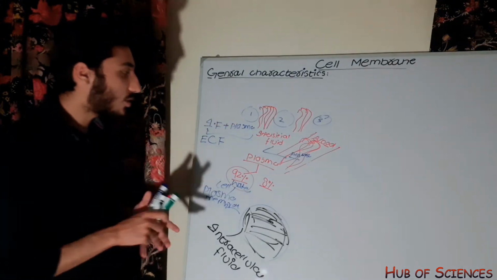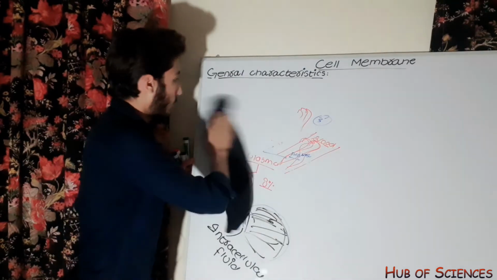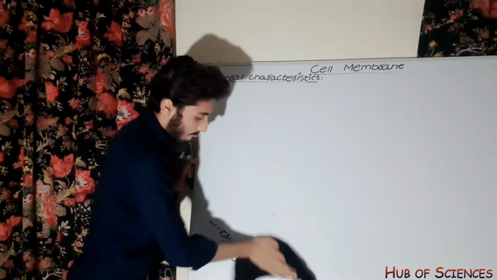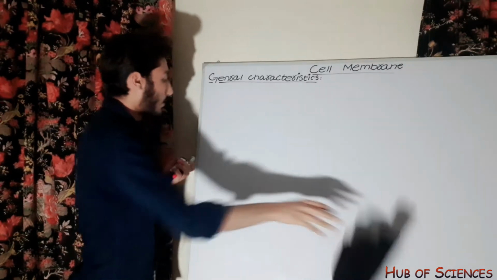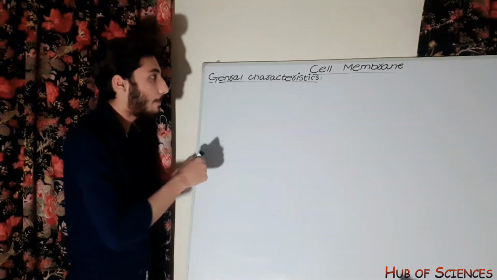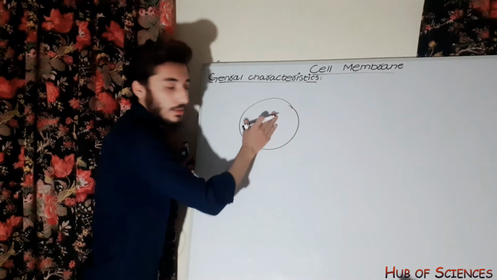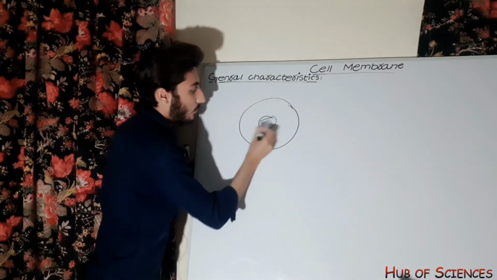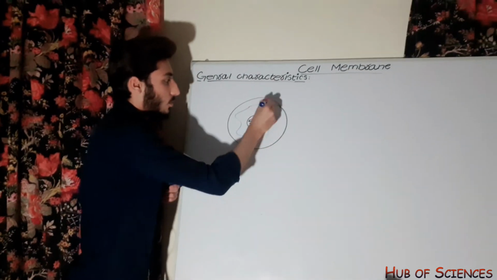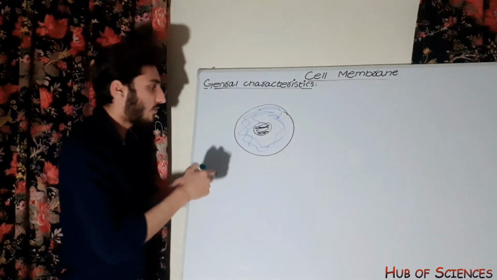So what are the general characteristics of the cell membrane? First of all, we have to get rid of this. Now the general characteristics. As we discussed, this is the cell, and in the center of the cell there is a nucleus, and around the nucleus there is a cytoplasm, and in the cytoplasm various organelles exist.